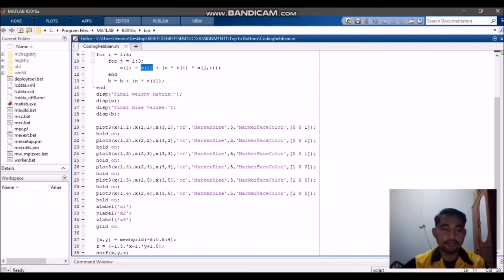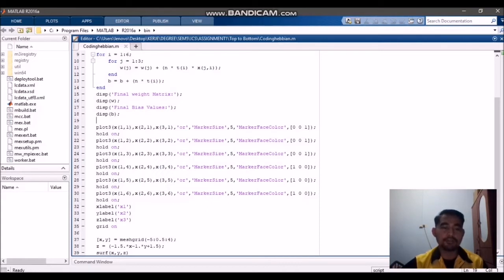Then the plot3 commands x1, x1, x1, 1, x2, 1, x3, 1, and so on are used to ensure that we plot the scatter plot graph. And this is for xlabel, which is x1, the ylabel is x2, while the zlabel is x3.